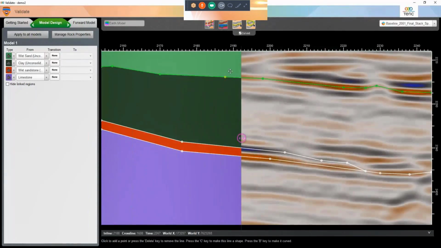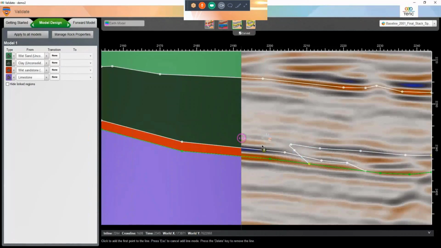Then I'm going to manually add my channel and segment my reservoir in the area where the amplitudes dim out, and I'm going to follow that reflector as the top of my channel. In this way, I'll define two more layers.